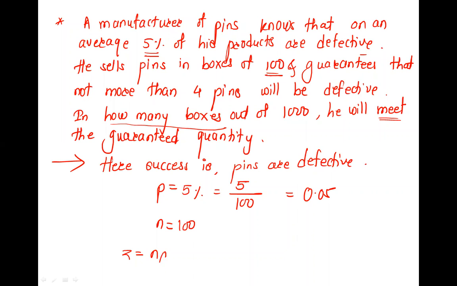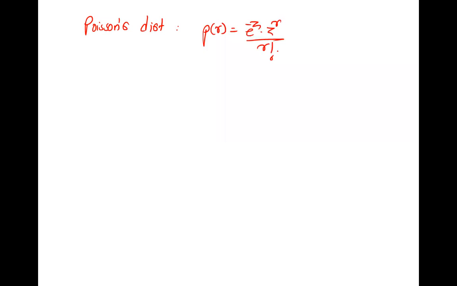So z is equal to N into P, so 100 into 0.05. So what is it? 5, right? And the formula we are writing for Poisson's distribution: probability of r is e raised to minus z, z raised to r upon r factorial.